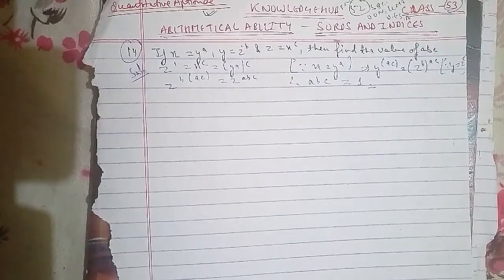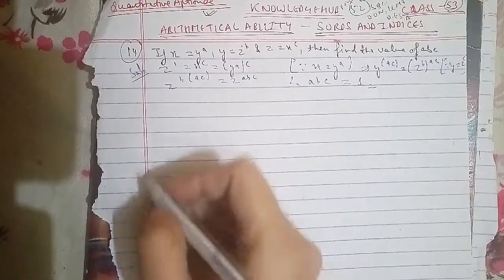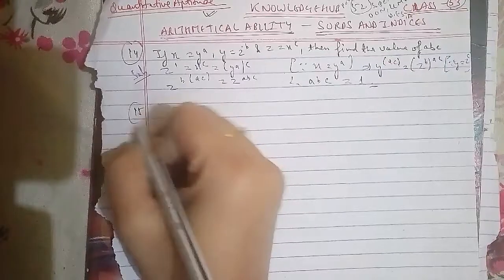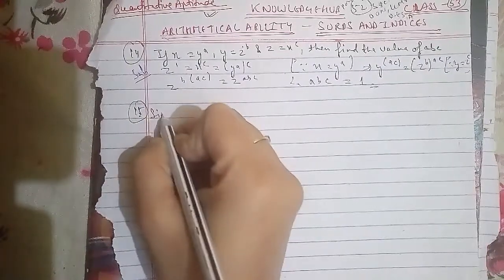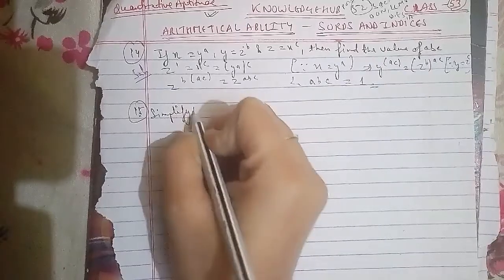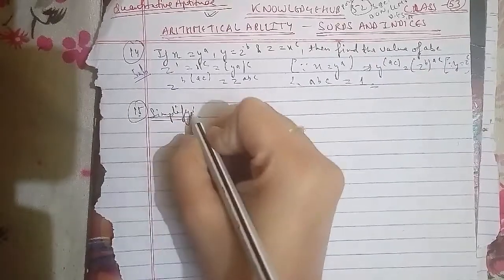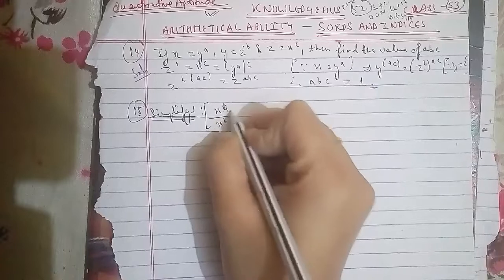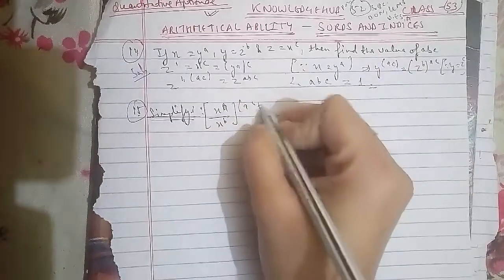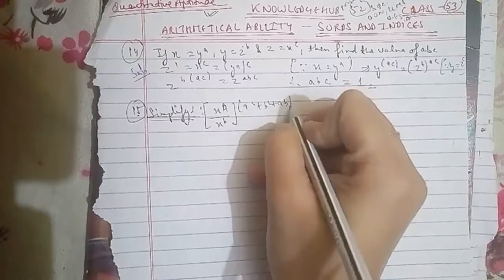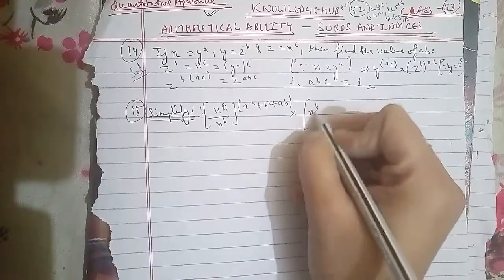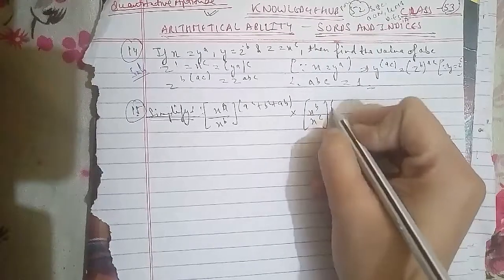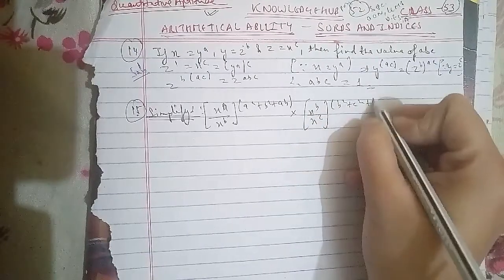The question is to simplify: x^a over x^b to the power a² + b² + ab, into x^b over x^c to the power b² + c² + bc, into x^c over x^a to the power c² + a² + ca. This is the given expression.